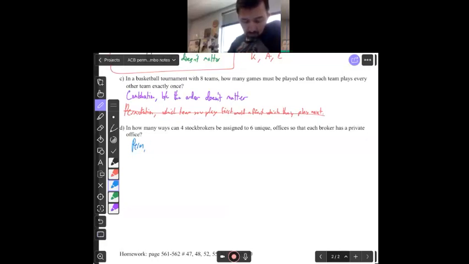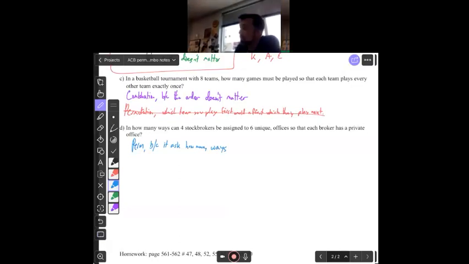Okay. So Matt's saying it's permutation because it asks how many ways. Is there more to it, or am I just trying to make sure I got the right idea down? I think there should be more to it. Okay, well, I'll let you ponder that. Let me know if you get something.